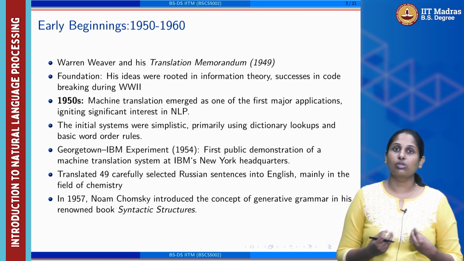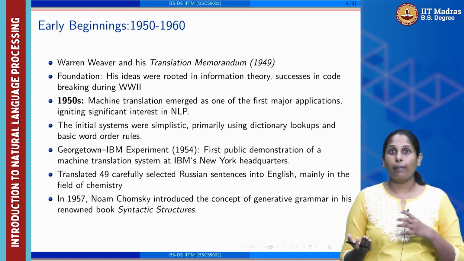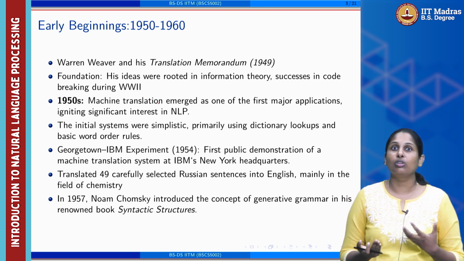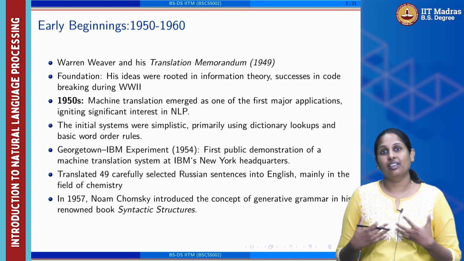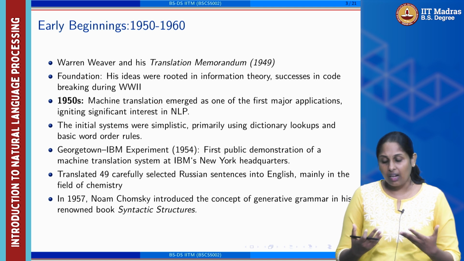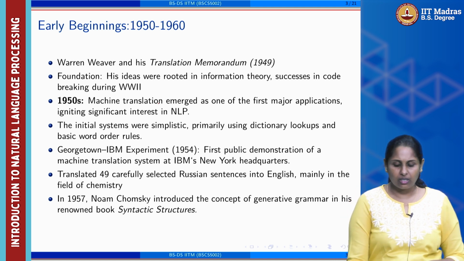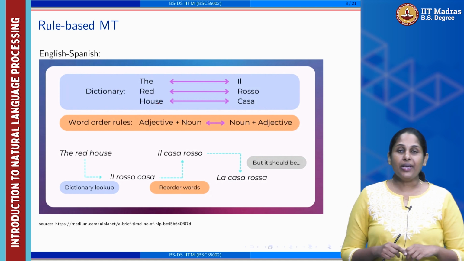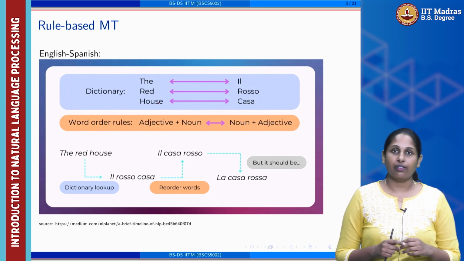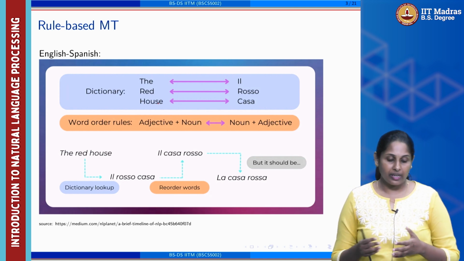These rules are the very basic things, but humans generate language through different kinds of means. Every human has the innate knowledge of how to generate a language. This is well structured in his book called Syntactic Structures. Rule based machine translation is one of the outcomes of that period.